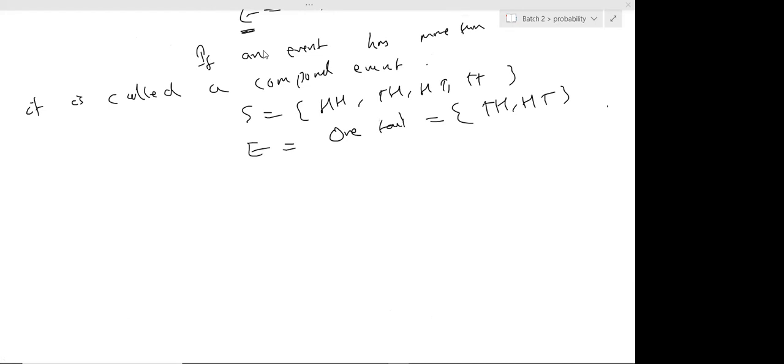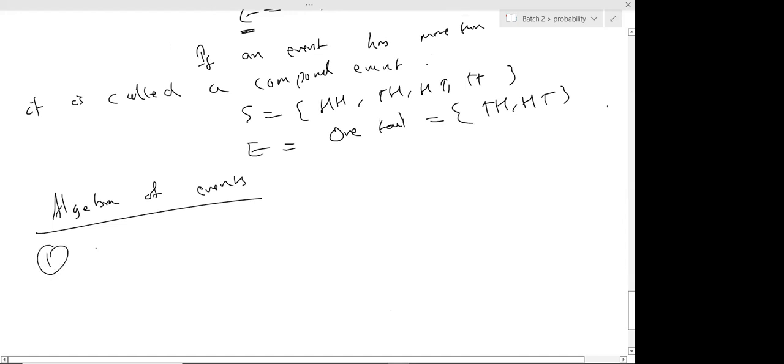All right. So this is all about events. Now, few things we do with events. Algebra of events. Complementary event. This is very important. What is complementary event? Write it down first.